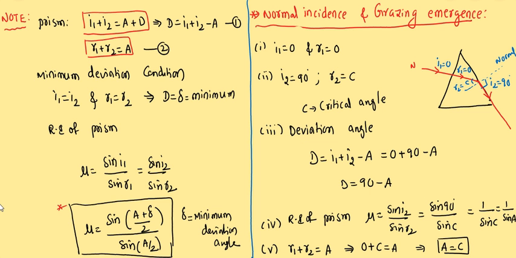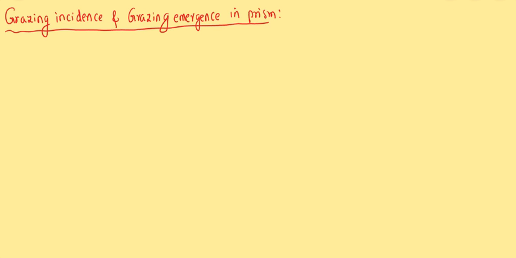Let us discuss one more case, and you take the screenshot and note it. I'm going to rub some points on the left side and I will write. Now I am going to explain the grazing incidence and grazing emergence.